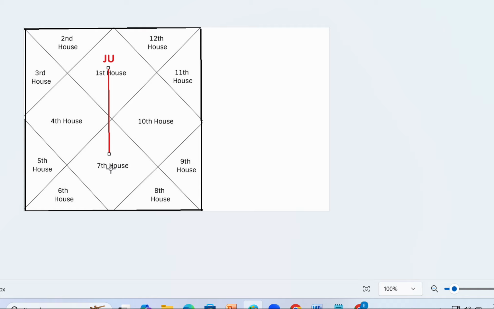Let's not get into the blank chart now. What I'm telling you is there's a direct drishti on the 7th house, and there is a fifth drishti and a ninth drishti. When Jupiter is sitting in Aries, in the first house, it is looking at the fifth, seventh and ninth houses.